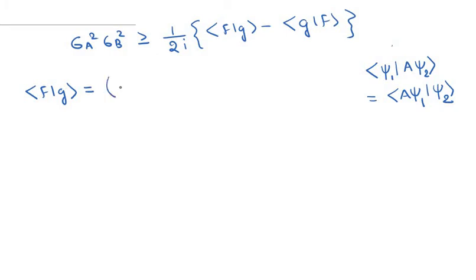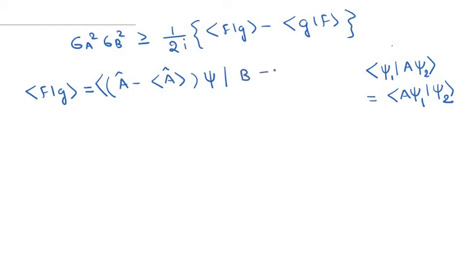So this is equal to a minus the average value of a. These are operators, so a minus the average value of a operator acting on psi, and we have this bra notation over here and ket notation over here.